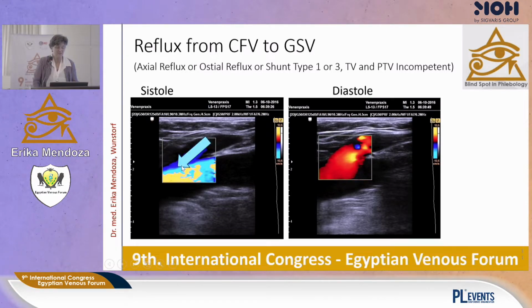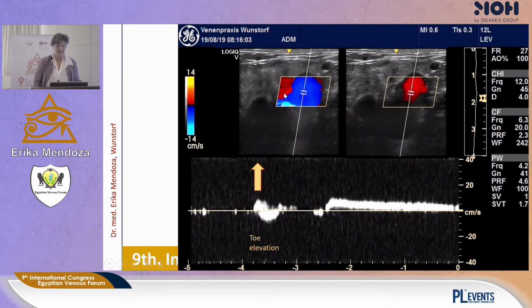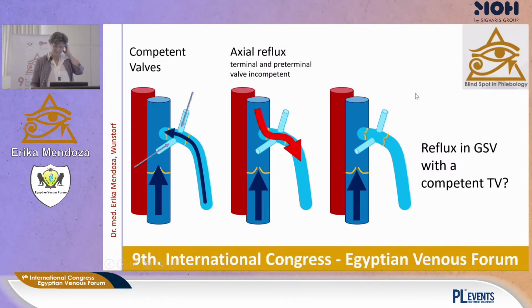In systole you have an anterograde flow in the saphenous vein to the deep vein, and in diastole you have a reflux. This can be measured at the very ostium level with toe elevation and toe relaxation. You see an anterograde flow in systole and a retrograde flow in diastole, and you have to measure it really here to assess the terminal valve.